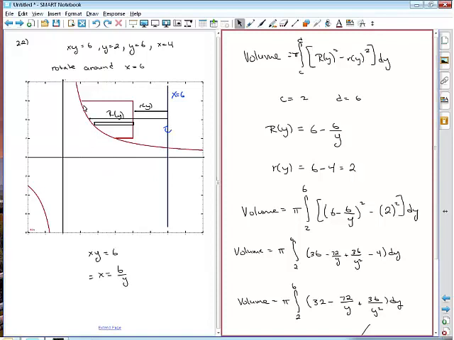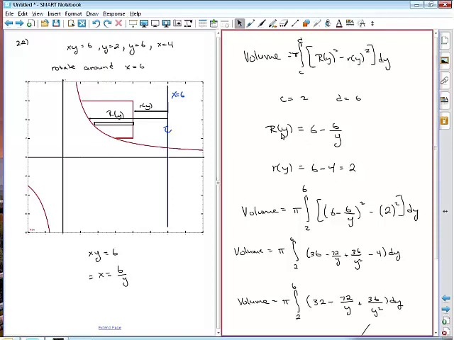So I take the total distance, which is 6, and I subtract this distance, which leaves me that distance. So that's where I get big R of y, which is the outside radius of this rotating thing. The inside is a constant with respect to y, and it's just equal to the total distance, which is 6, minus the distance from here to here, which is 4, and that's going to be 2.